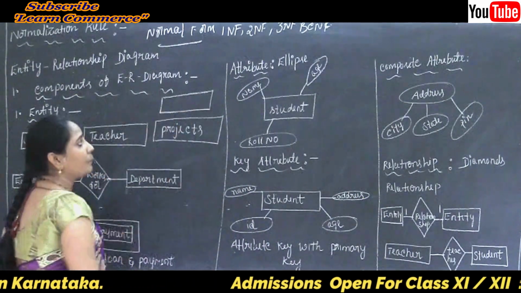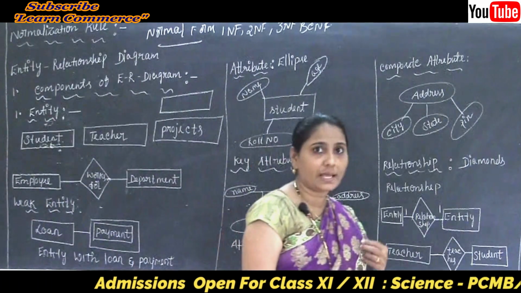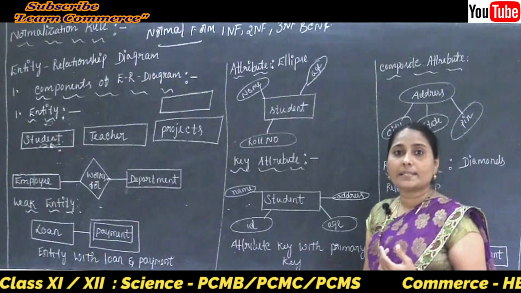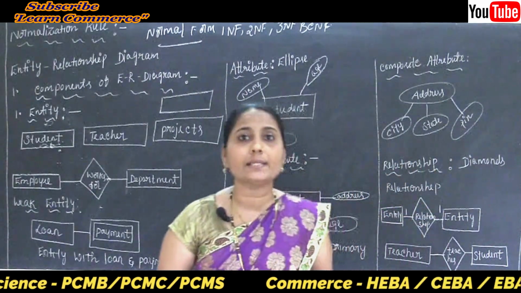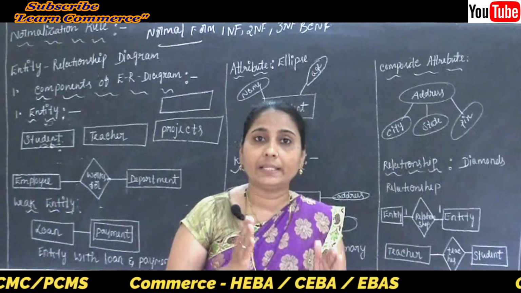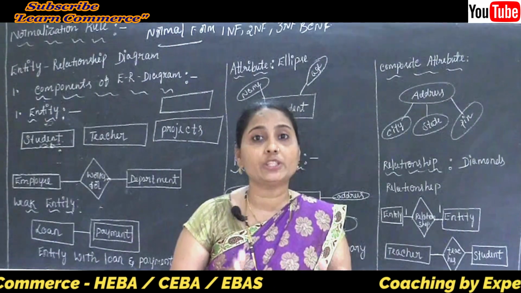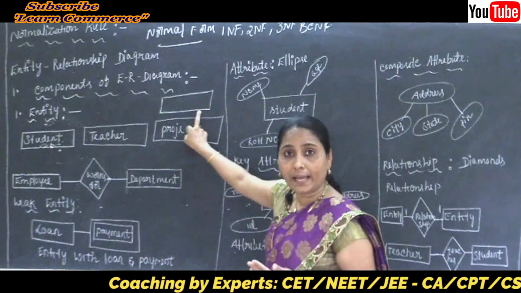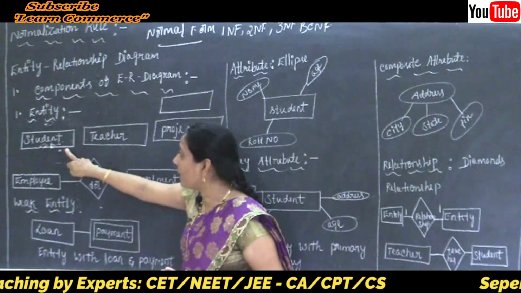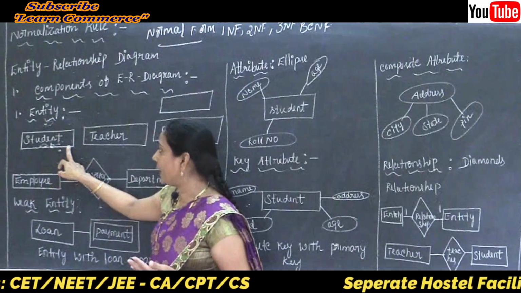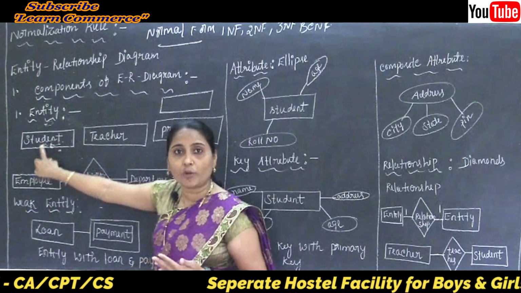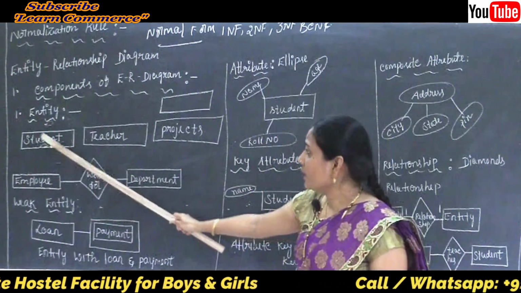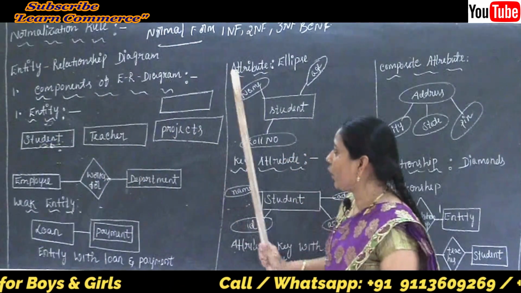Because we need to draw a different type of diagram for each component. What diagram do we need to draw for the entity? The diagram is called a rectangle. See in this example, I just used the rectangle, and later I used the name for the table, and the name is student. So student, teacher, and project here.